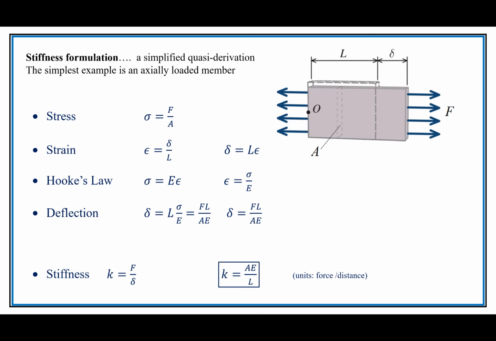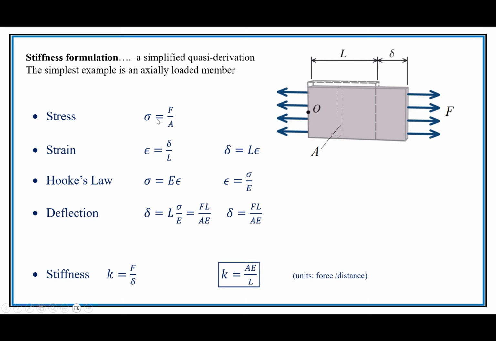So here you go. Just as an idea of stiffness formulation, the simplest case would be the axial case, if we have the stress and the strain. Stress is F over A, strain is del over L. And then we can use Hooke's law. Stress is equal to E epsilon.